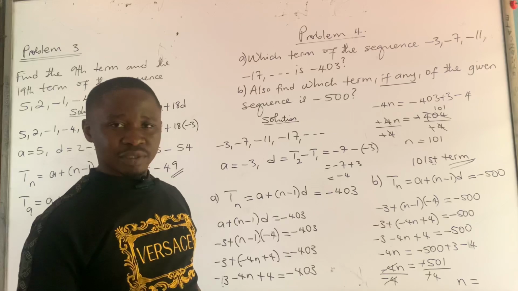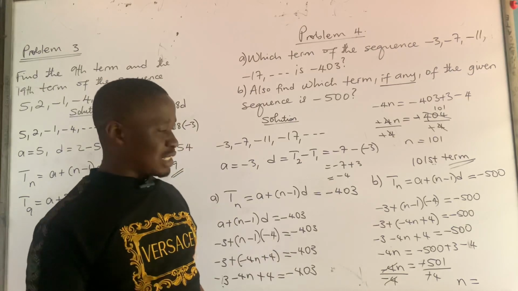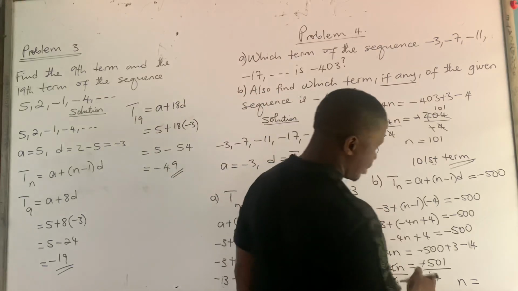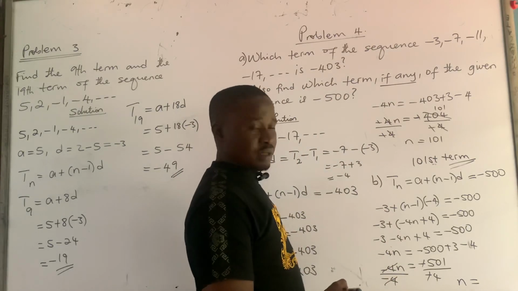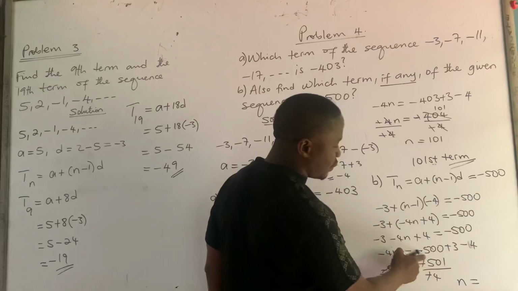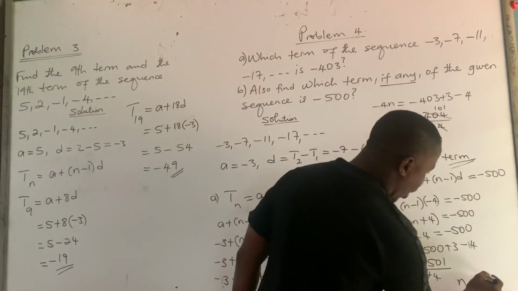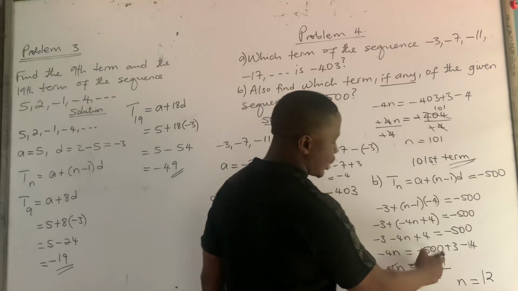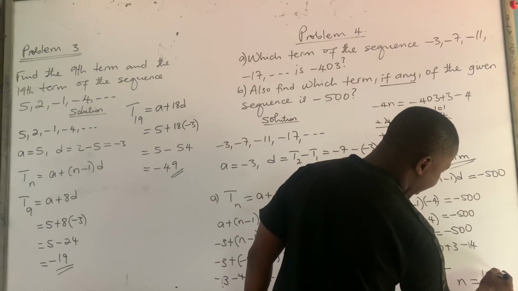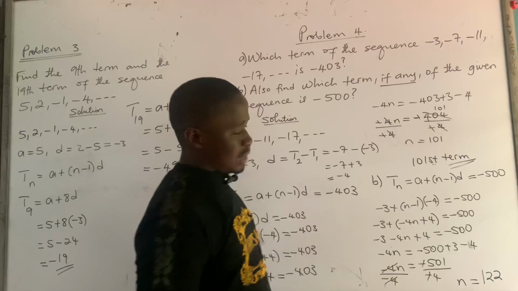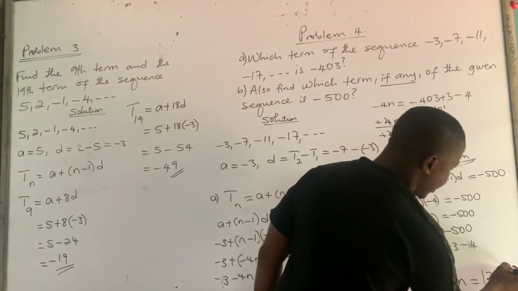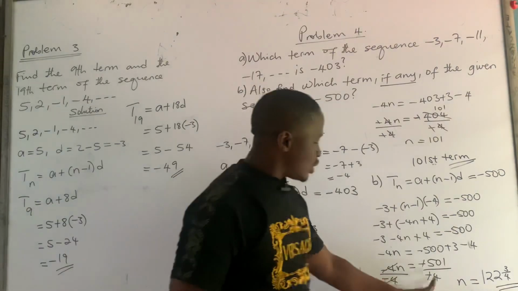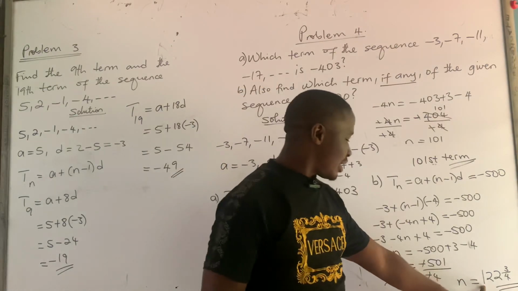What do we get? Let us have the fraction. Okay, so 4 into 5 is 1.